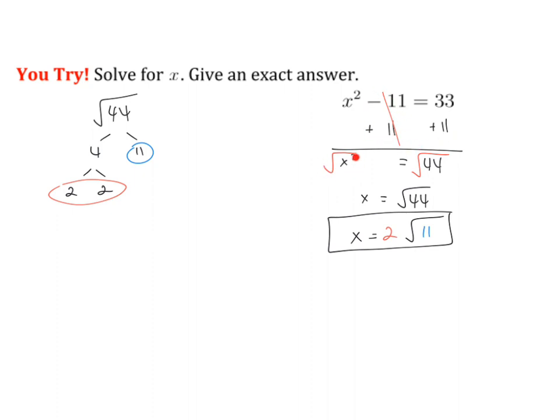But when we have this x squared, keep in mind again that the opposite operation is the square root to cancel that out. And then when I went ahead and simplified 44, I had one pair of 2's, and then I had a single 11 left over. So the 11 remains inside, and a singular 2 comes on out.